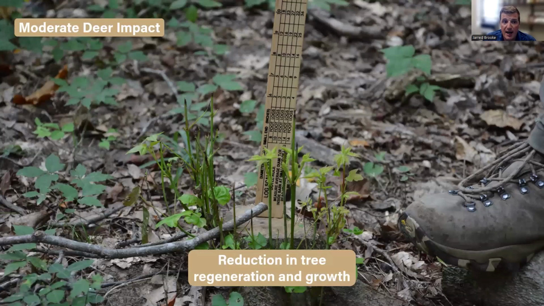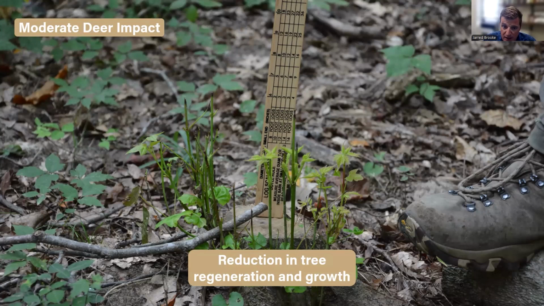You can start to see kind of moderate levels of deer impact when you start to see reduction in tree growth and regeneration. Again, this is a stump sprout from a maple, and this is what we call hedging, where if a tree was to fall over or a tree was to be cut down, essentially the deer browse so heavily on that plant that they never allow it to get outside of the reach of deer, which is generally 5 or 6 feet.